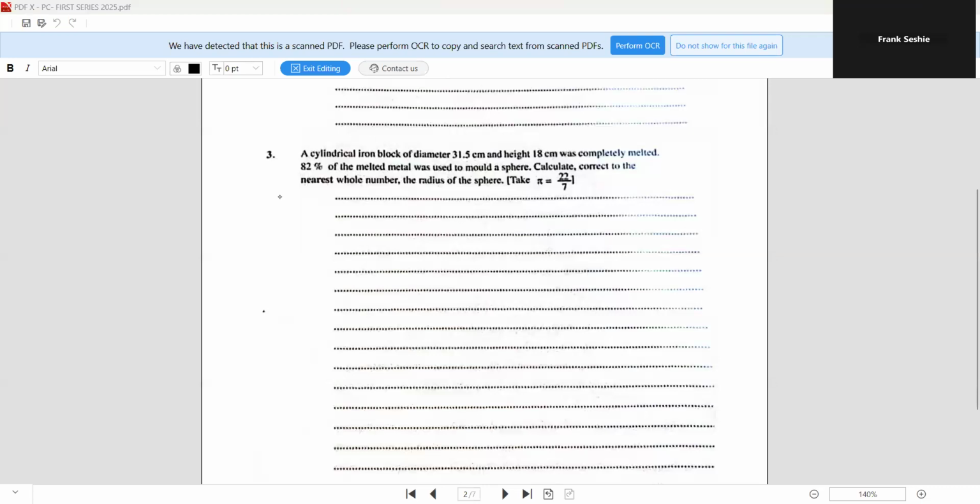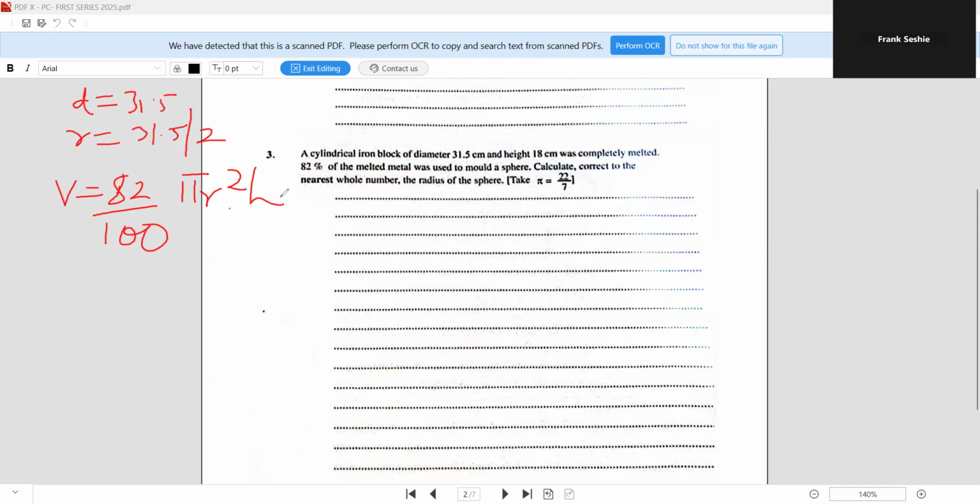So we can first find the volume of the sphere, which is 82% of the volume of the cylinder, which is pi r squared h. You know, my diameter is 31.5, so my radius is 31.5 out of 2.